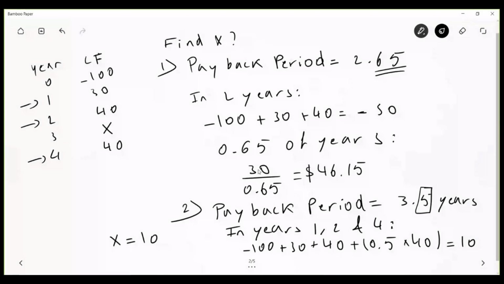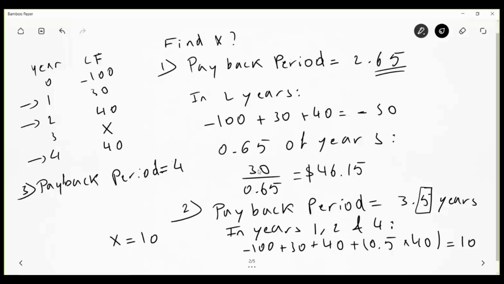Now, in case, let's say the payback period, so this is another case, was exactly 4 years.